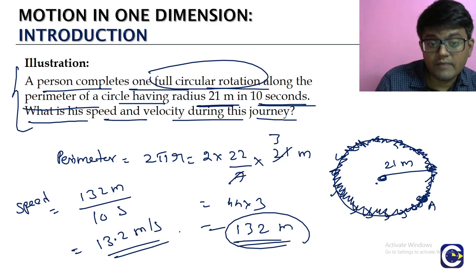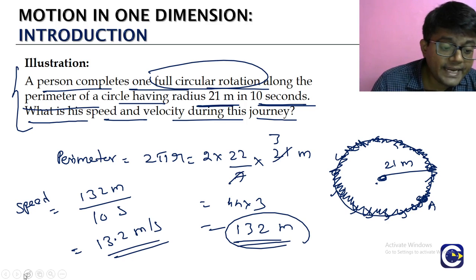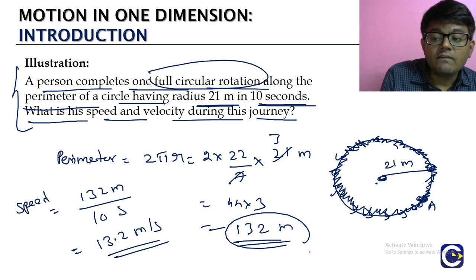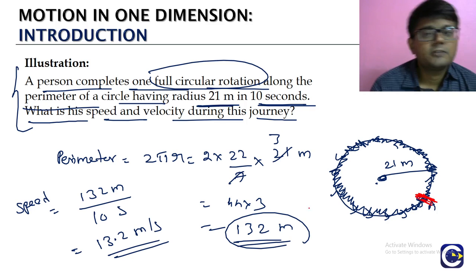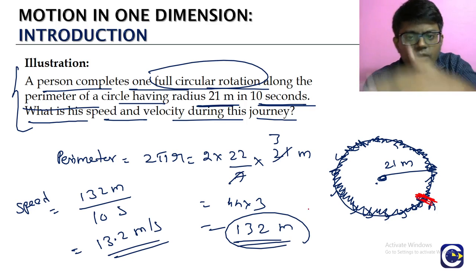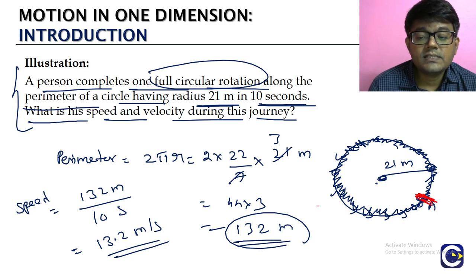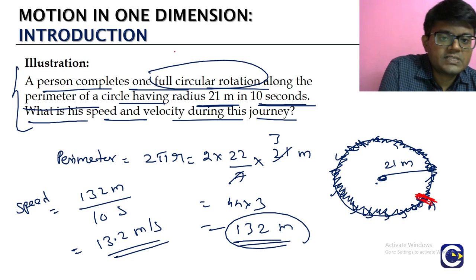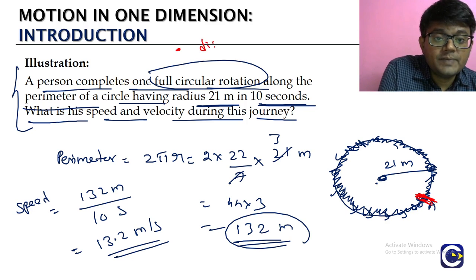Now let us talk about the velocity, because we are also supposed to find the velocity. To find the velocity, we should talk about the displacement. Where is he starting? He is starting from point A. Where is he ending? He is also ending at the same point. He goes on a particular journey and then comes back. So the starting point and ending point are the same.